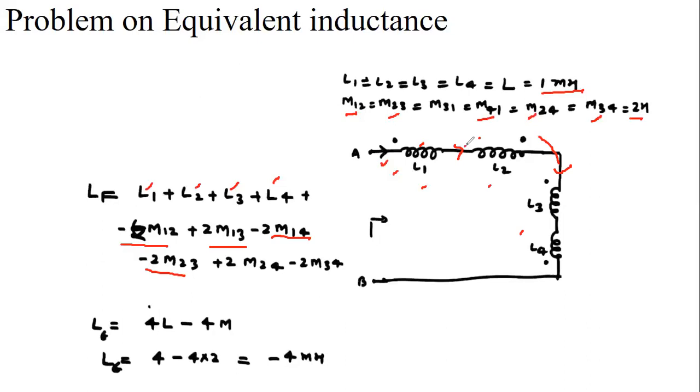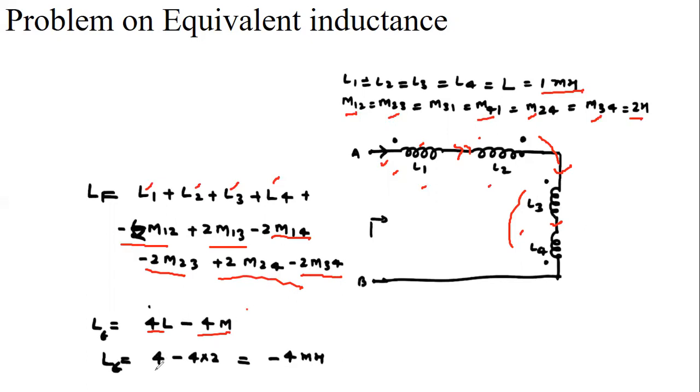Between 2 and 4, current is entering from the undotted terminal, so this is plus 2M24, and between coils 3 and 4 they are opposing each other, so this is minus 2M34. So the total inductance of the coil is 4L minus 4M, because L1, L2, L3 and L4 are all equal to L, and all M are equal.